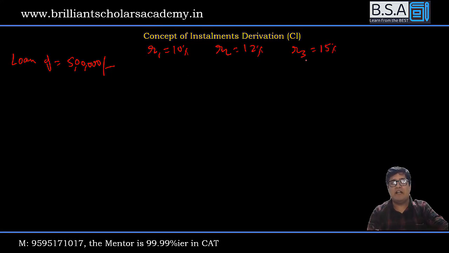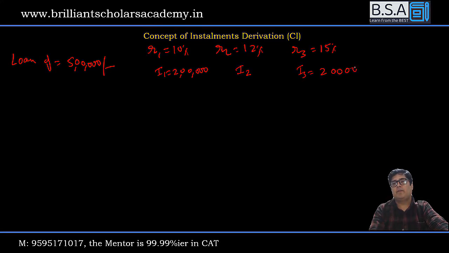Random, everything is random. First installment was rupees 2 lakhs. What should be the second installment? If the third installment was rupees 2 lakhs, what should be this?